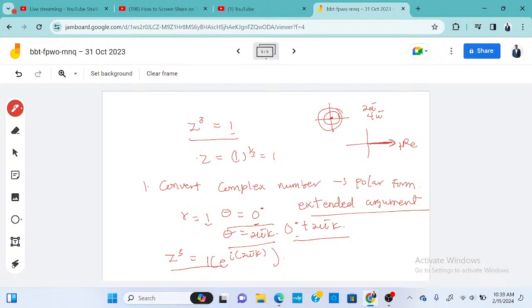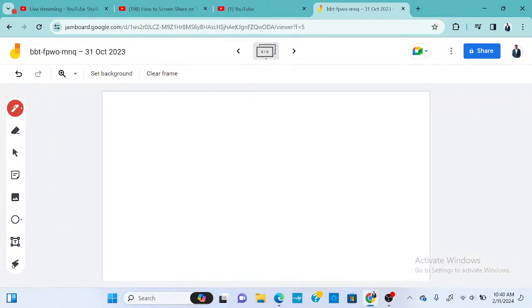After getting this, I got z cubed to be equal to e to the power i open bracket 2 pi k. And at this point, we need to find the roots of z, right? So we need to take this 3 we see here away.